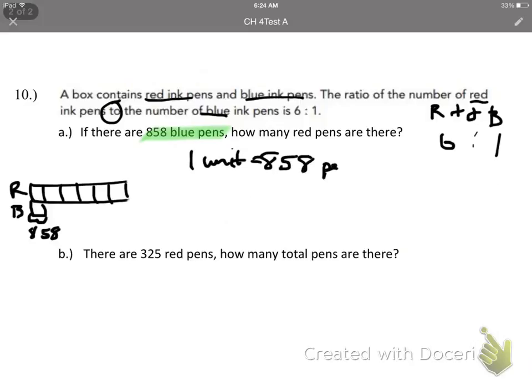The beauty is, since that was 1 unit, the only work we need to do is multiply to figure out how many it was asking for, how many red pens.